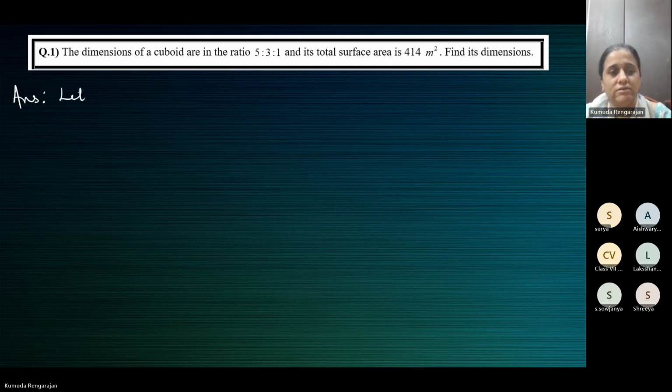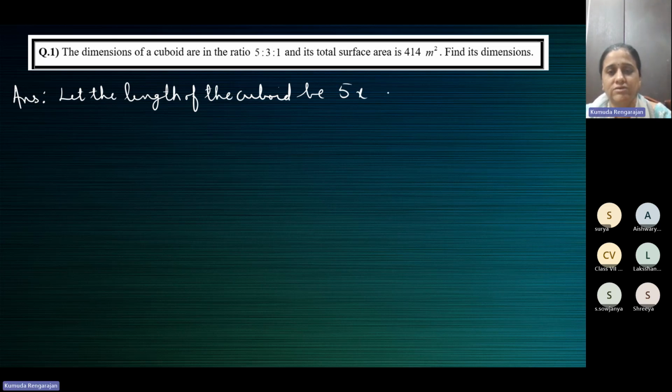Let the length of the cuboid be 5x meters.